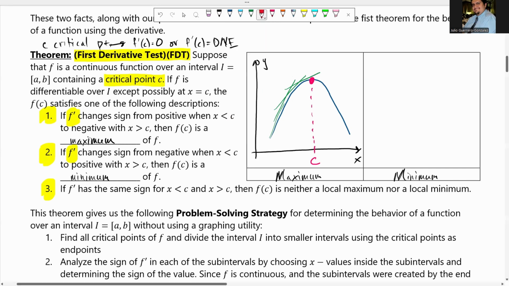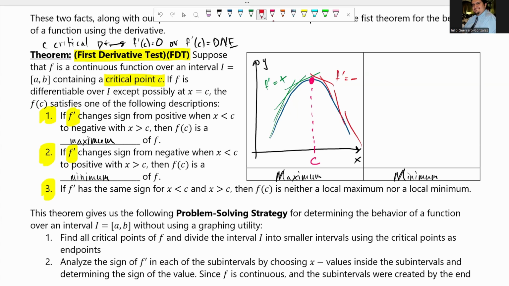And then afterwards, those slopes are trending downward. They're negative. So notice, f prime is equal to positive values on this side, and f prime is equal to negative values on this side. If that happens, we have a maximum.